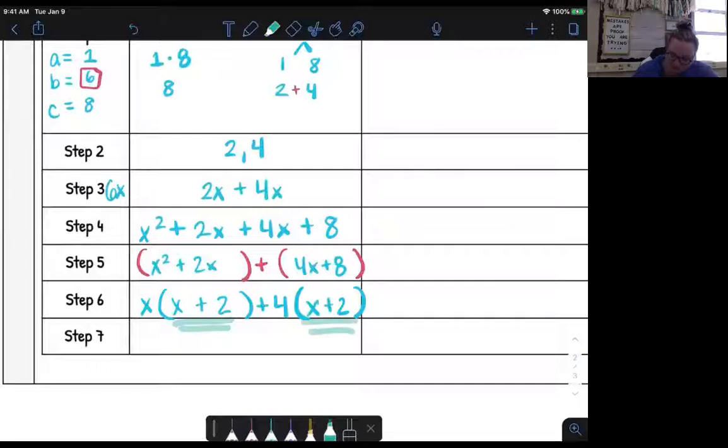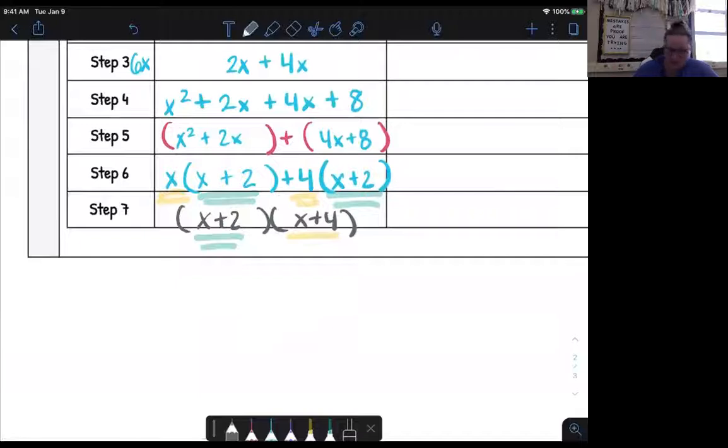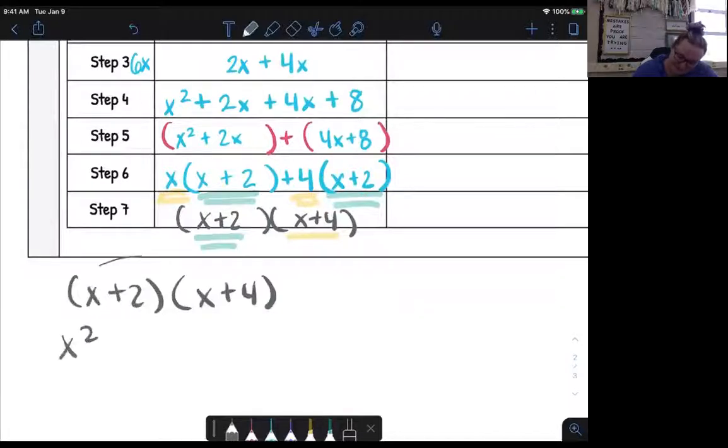So you're going to write your 2 sets of parentheses. What they have in common goes in one, and what was left goes in the other one. So the x plus 2 goes here, and then the x plus 4 goes in the other one. And then we can multiply them just to make sure that we're right. So x plus 2 times x plus 4. I would get x times x is x squared.